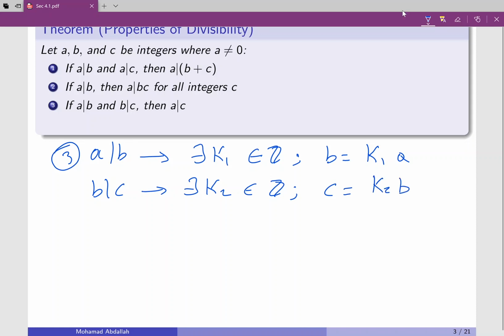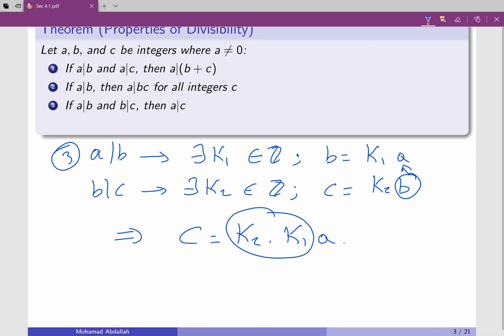Now I want to show that A divides C. Let us substitute B, because I know that B is equal to K1A. So this means that C is equal to K2 times K1A. K2 times K1 is actually an integer, so this is equal to some integer K. So C is equal to an integer times A. From the definition of divisibility, I get A divides C.